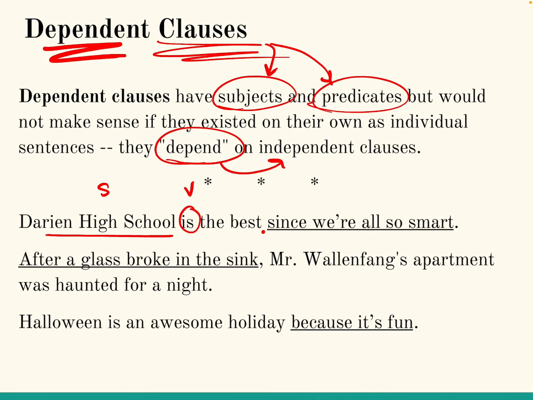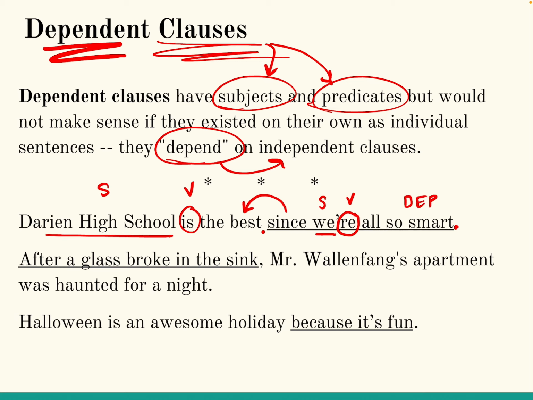If I tried to take that, I could say, well, we have we, subject. Then we've got a contraction. This is really are. That's a verb from to be. So we have a subject and a predicate. We got a clause. But if we said, since we're all so smart, and put a period, it doesn't make sense on its own. It's missing something. That's because this is depending on that. This is the dependent clause.